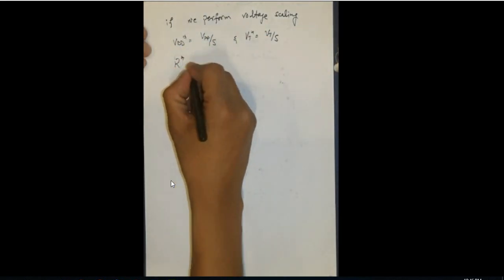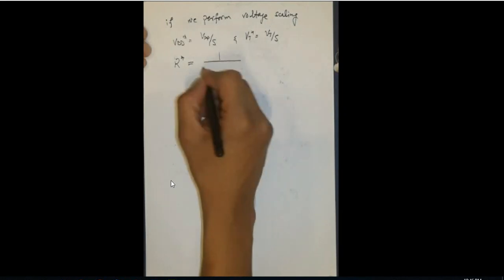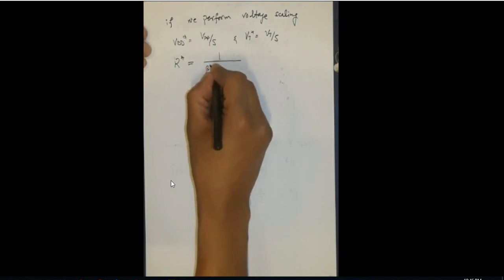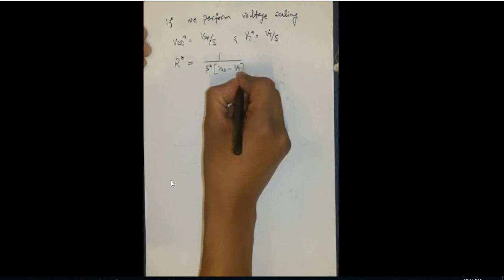The resistance was given by R star is equal to 1 over beta star into VDD minus VT.